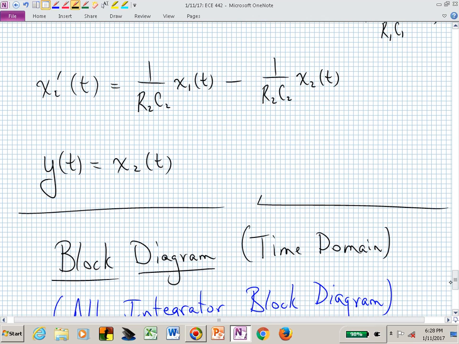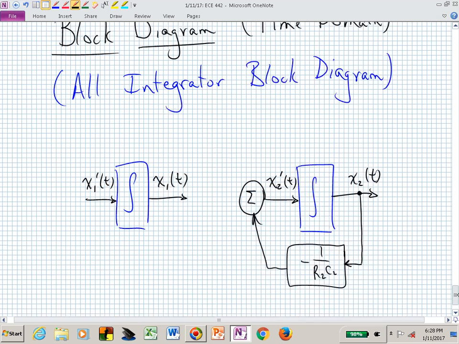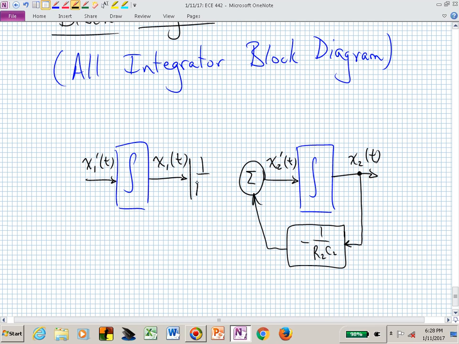The other signal that comes in to create x sub 2 prime is the first term on the right-hand side, a scaled version of x sub 1. We already have x sub 1 identified in our block diagram. We simply need to scale it by 1 over R sub 2 C sub 2 and allow that to go in and produce x sub 2 prime.